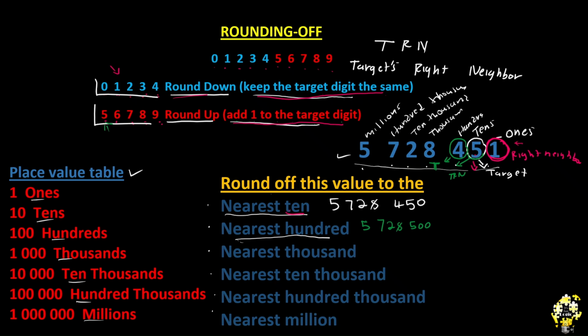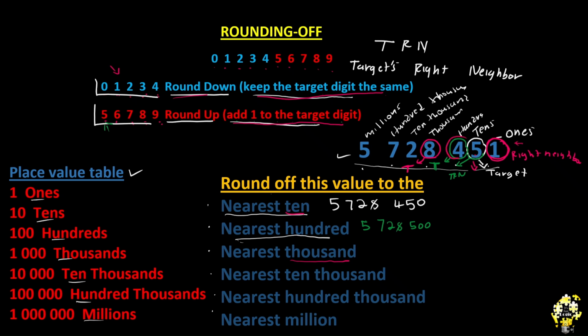So, nearest 1,000. Who is the target? It's the digit that is in the thousands. It's this here. This one is the target. Like I said, I'll just use a T. Since this one is the target, who is the target's right neighbor? The target's right neighbor is the 4, right here.